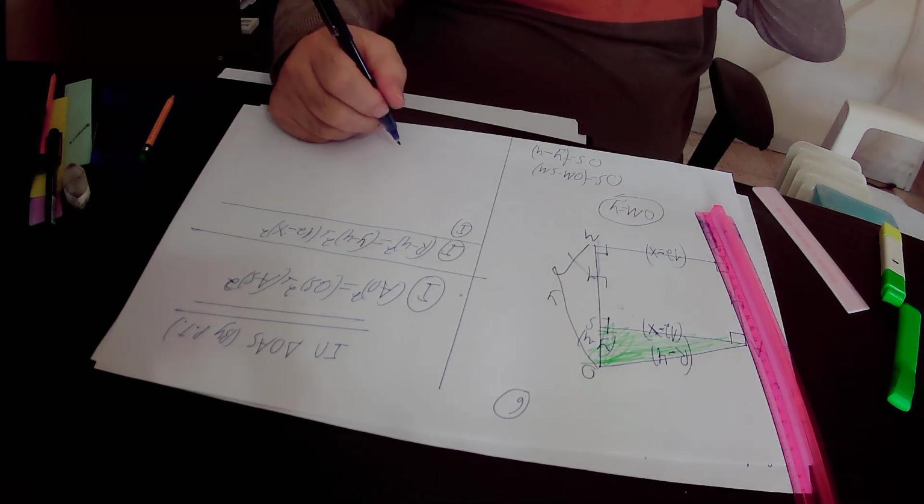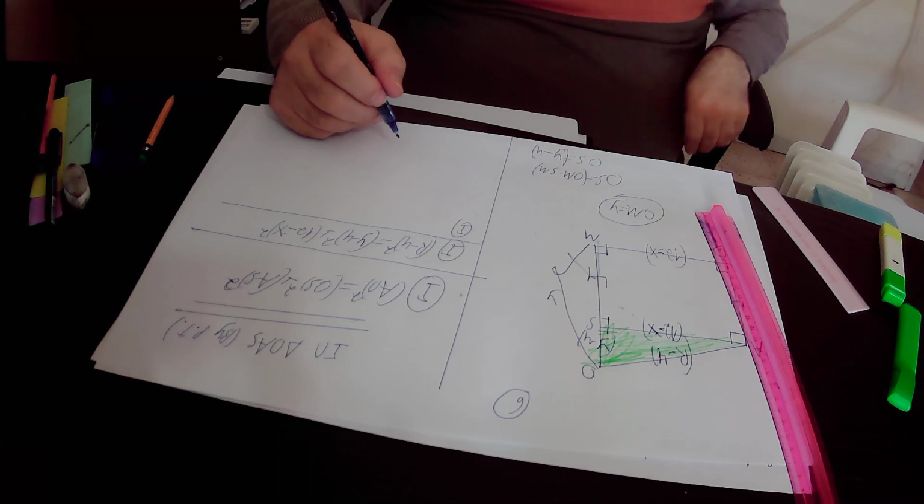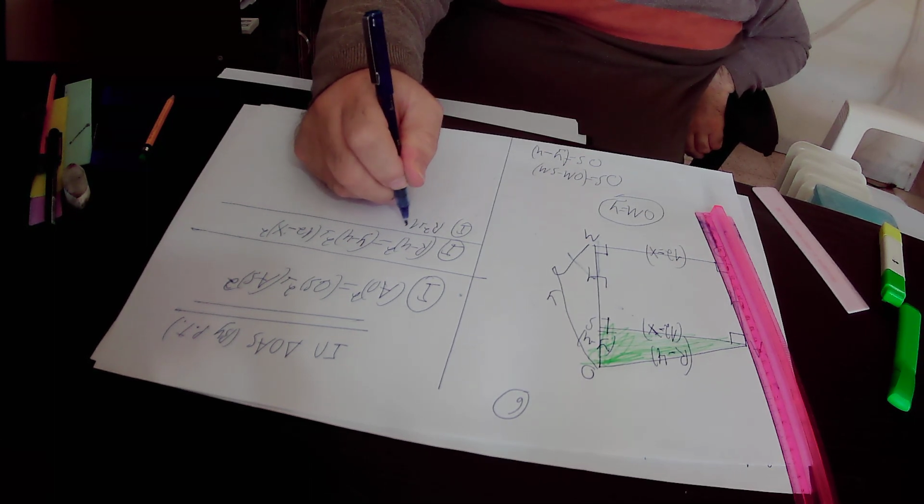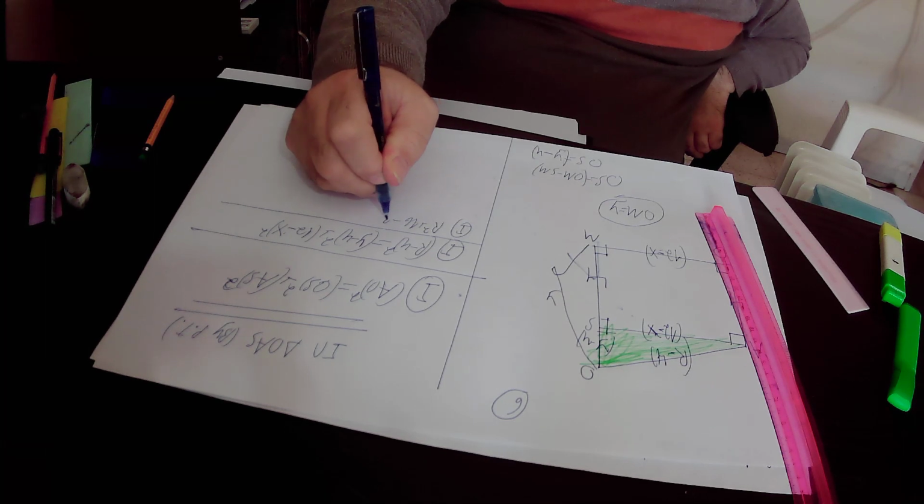So (R minus 4) squared is equal to R squared plus 16 minus 8R.